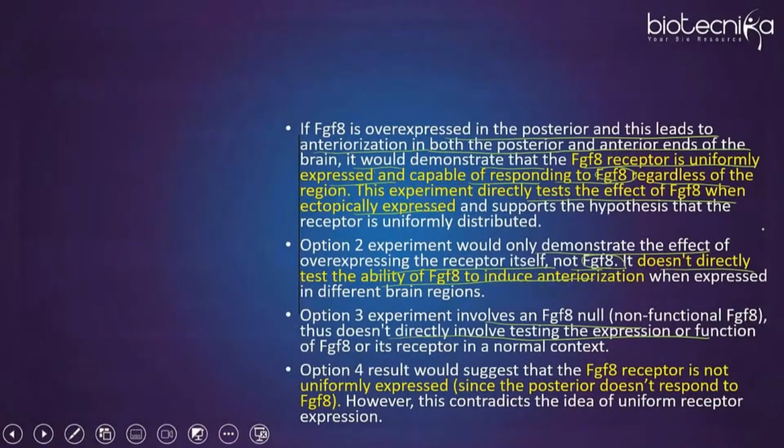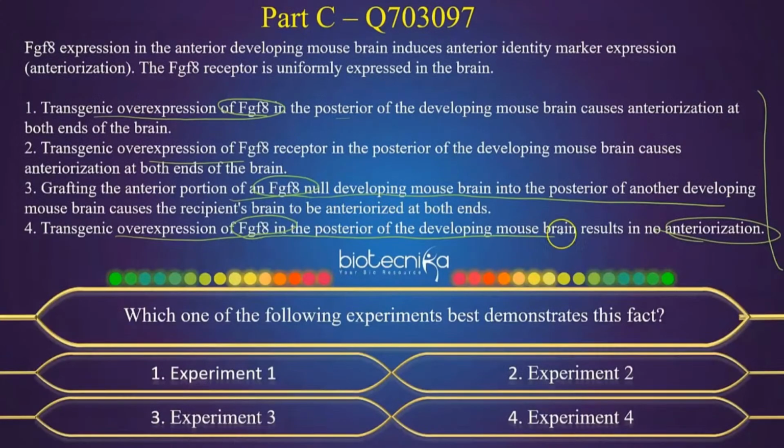So anyway, this experiment suggests that the FGF8 receptor is not uniformly expressed, because the posterior doesn't respond to FGF8. Okay, it is written that it does not give rise to anteriorization, which means that the posterior is not responding to FGF8.